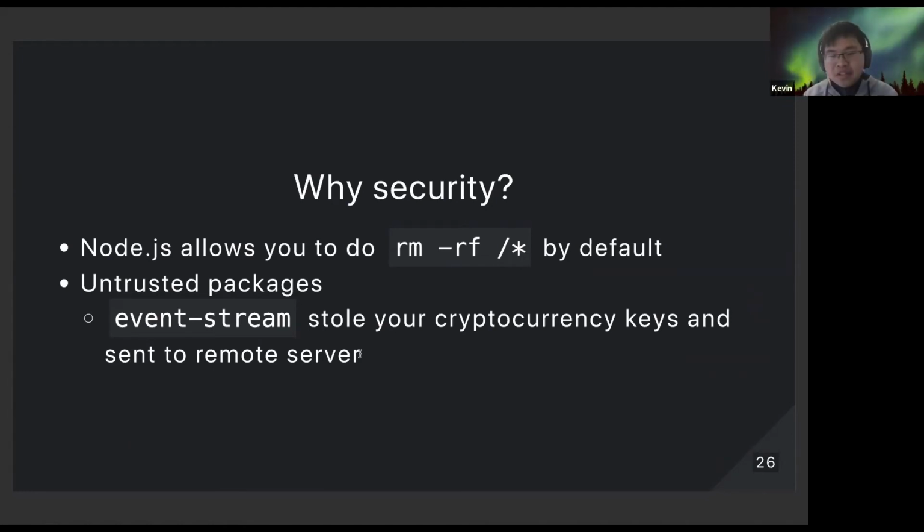You don't want your keys to be sent to some remote server that you don't even know about. This is also especially true in the case of Deno, because Deno supports URL imports. So basically, in some sense, it's similar to what you do with scripts you load into the browser and similar stuff.